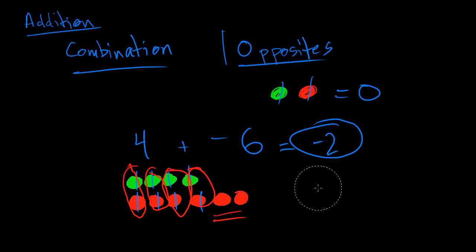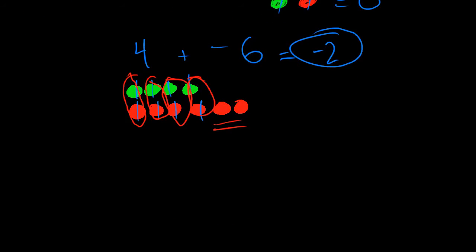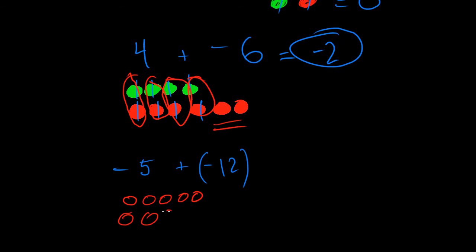Let's try another example. What if we were to add negative 5 plus negative 12? Well, we'd start combining our 5 negatives from negative 5 with 12 negatives from negative 12. 10, 11, 12.